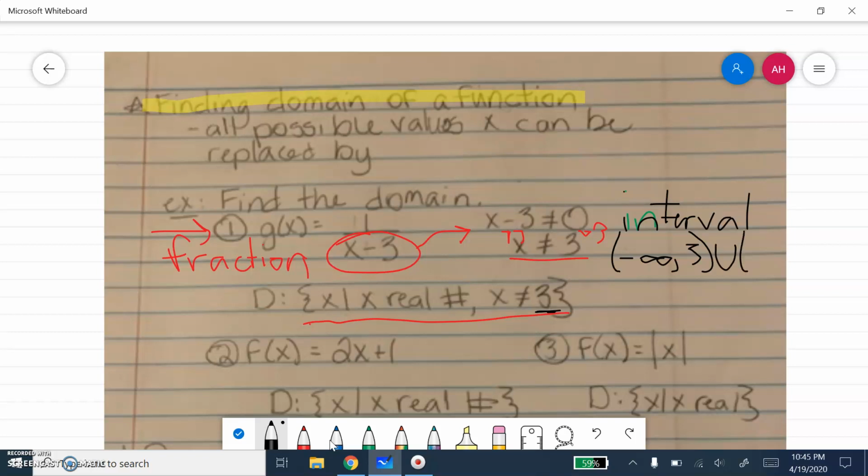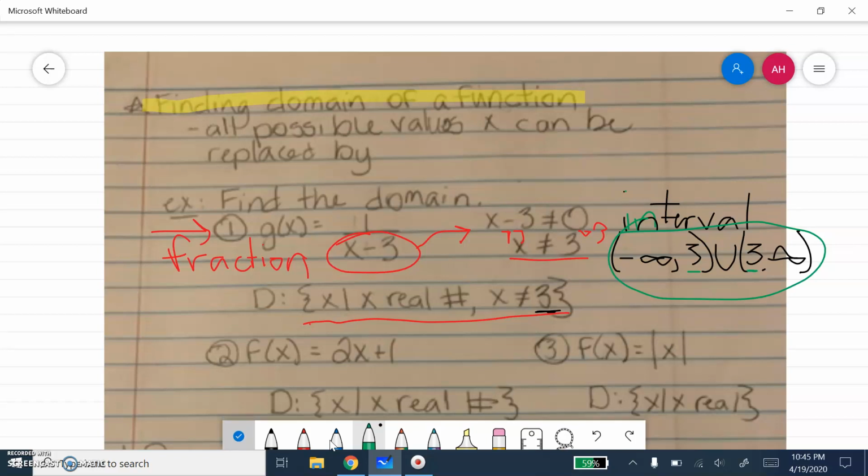Start the parentheses back. You're going to start back at 3, and then go to infinity with parentheses. And so that is your interval notation right here. All that means is that we're going from negative infinity to infinity, but we're skipping this number that is right here. So everything except that. So that's how you would put the answer in MyMathLab.